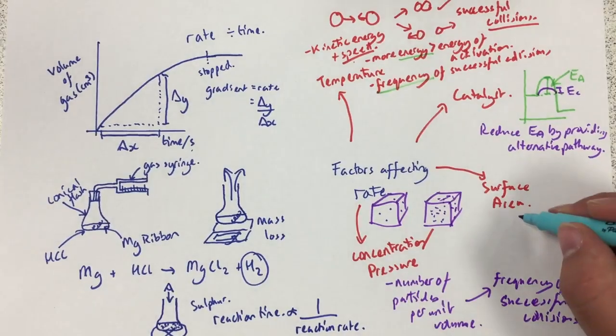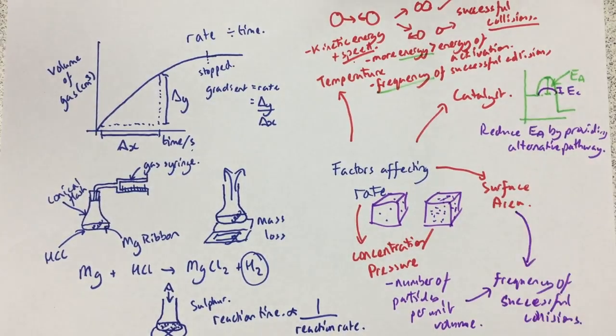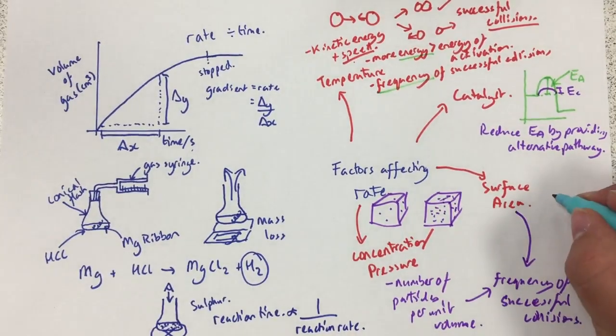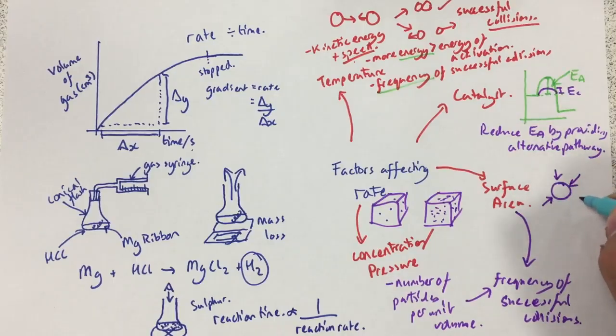Surface area is explained in exactly the same way. The difference of surface area is that if you imagine you've got a lump of chemicals, the solid, the other chemicals can only collide with the surface like that. If, however, I break that up into smaller lumps, now not only can they attack the outer surface, they can also attack the inner surface as well.